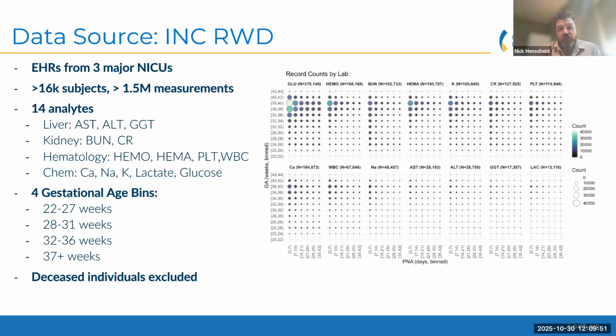The rows are gestational age and the columns are postnatal age bins, and the size of the dot corresponds to the record count. Glucose had the largest number: for 38 to 40 weeks gestation, 0 to 7 days, we have over 40,000 records for that particular bin.